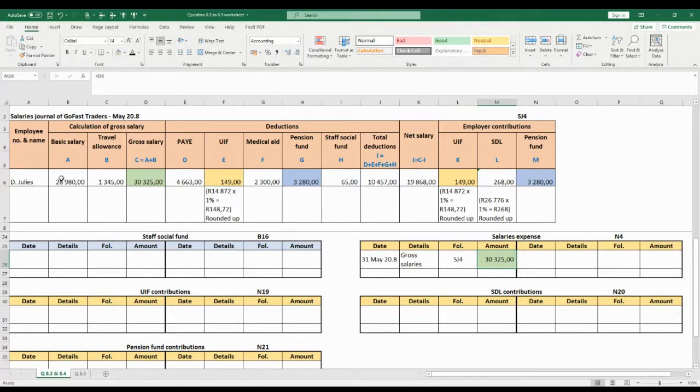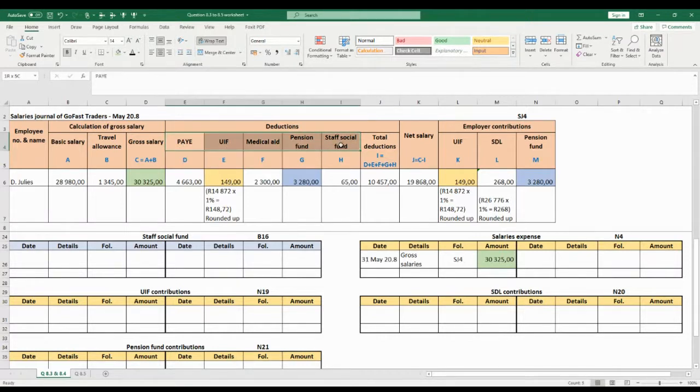So we're recording the basic salary, travel allowance, all of that as one amount in our expense accounts. Okay, now our deductions, we will generally do them separately. Each and every one of them will be taken separately to an account as opposed to the full entire deductions. Now the reason for that is because some of them have to be paid over to different people.